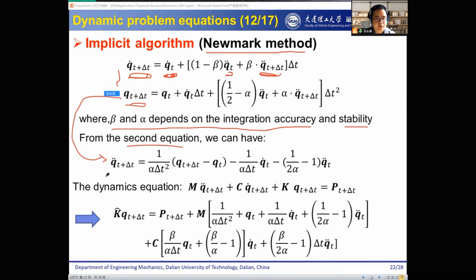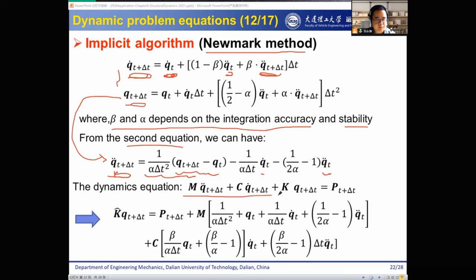From the second equation, we just rearrange the equation. Then we have the acceleration at time plus delta t, and we express this variable in terms of the displacement, the velocity, and the acceleration.